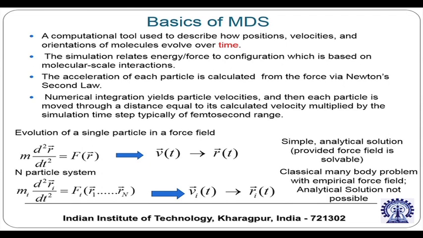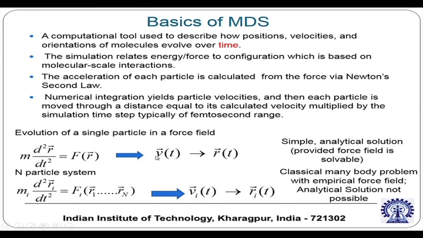There are attractive potentials, there are repulsive potentials, and these can be directly captured by the potential rather than the force, but of course you can get the force from the potential. So then you can get the velocity, so one integration will give the velocity. I will show the integration schemes, and then you integrate it once more, you get the position vector.